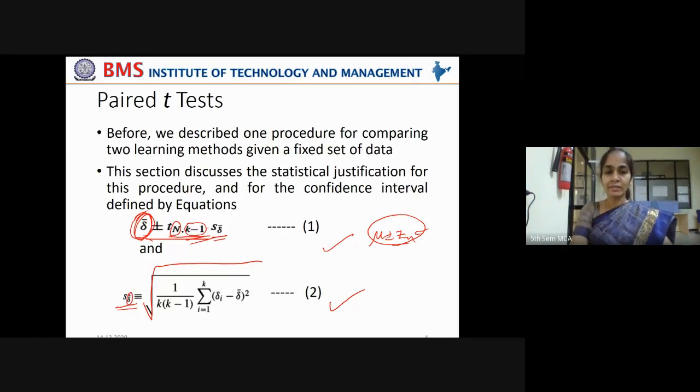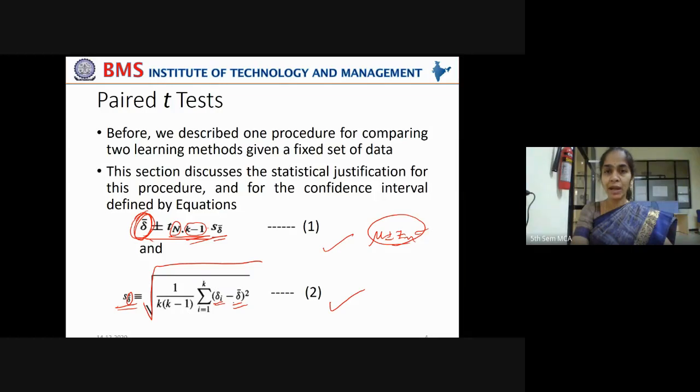Okay, so it is the mean delta bar, the estimated delta, that is the estimated error across all the iterations, minus delta i. What is this delta i? In each iteration, what is the error encountered?